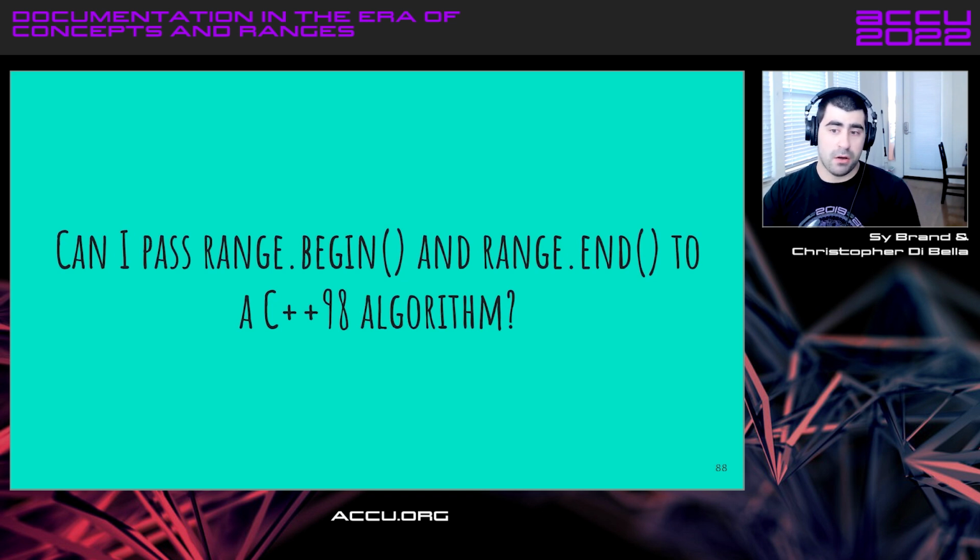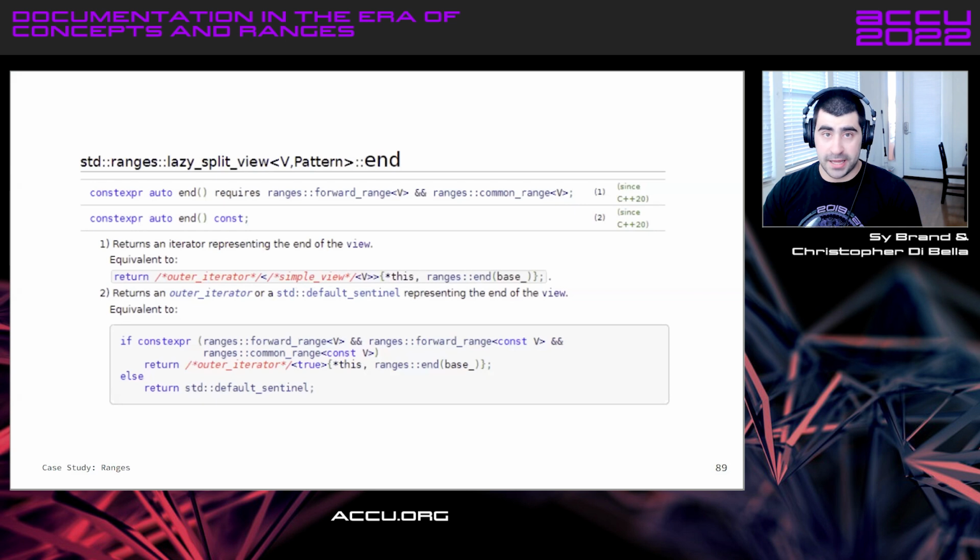So we may want to know whether or not we have what's called a common range, which is when we have an iterator for the begin and an iterator for the end. And whether or not our range can be passed to a std find, for example, because that's what is being used in our API at the moment. Can we do that? So let's think about lazy split, which is a cousin of split.